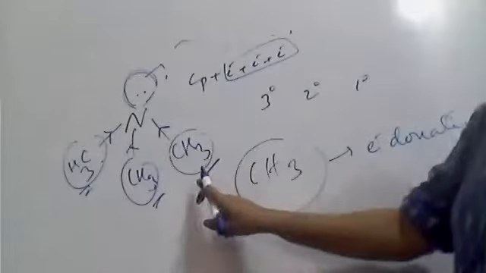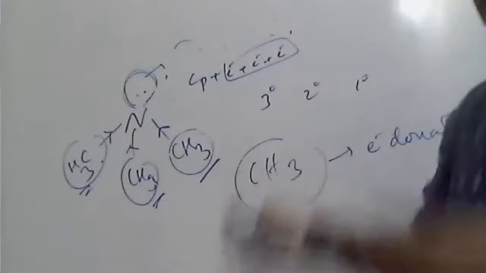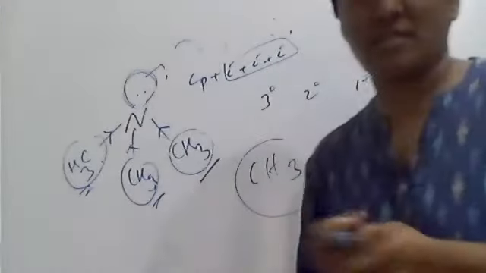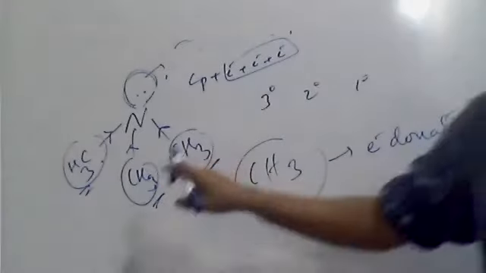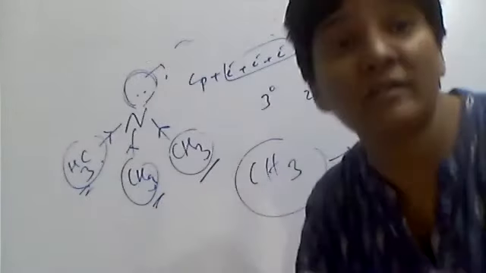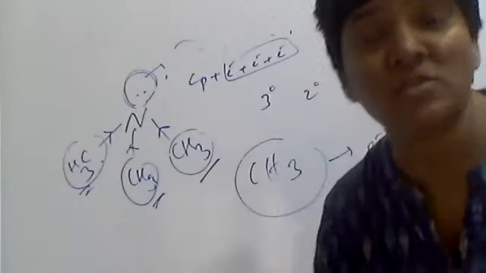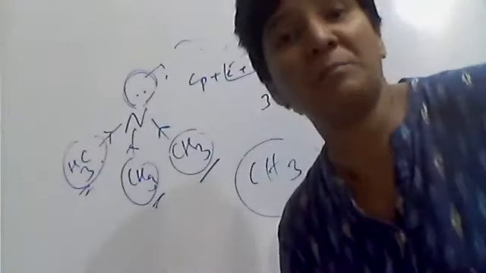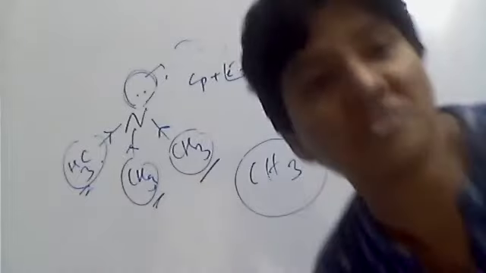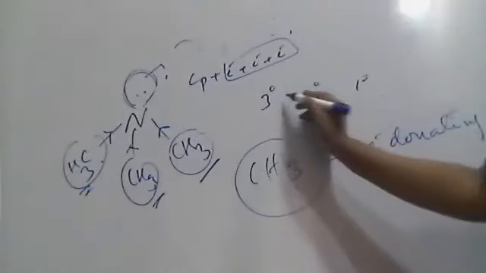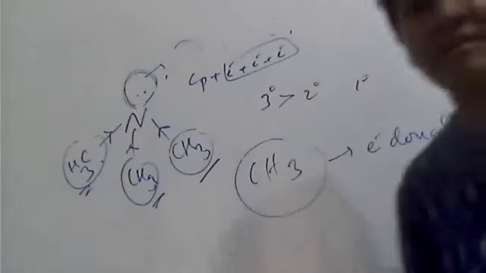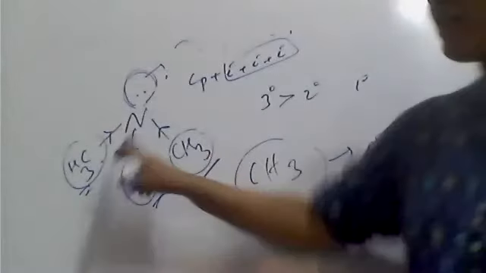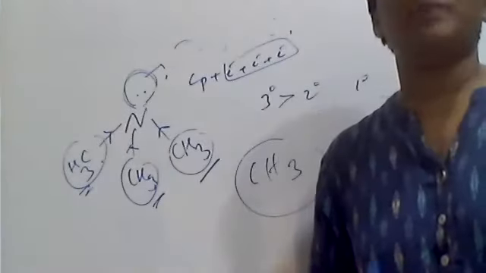Because of these electron donating groups, the electron density increases. So this tertiary amine can donate its electron pair very fast. Any amine which donates an electron pair fast is called a strong base. So a tertiary amine is a stronger base than a secondary amine because three groups are donating electron density.